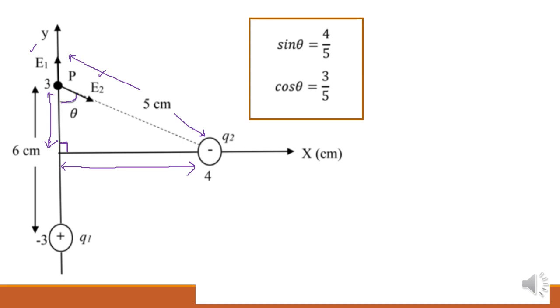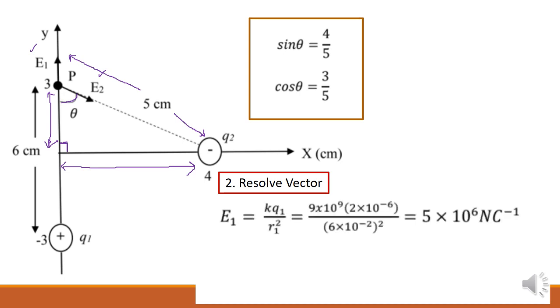Okay, next we have to resolve the vector E1 dan E2. So sebelum kita resolve kepada paksi X dan paksi Y, kita kira dia punya magnitude dia dulu. So magnitude E1, kita tengok rumus kQ1 over r1 square. So kita masukkan nilai. So Q1 charge positif, tak ada masalah.